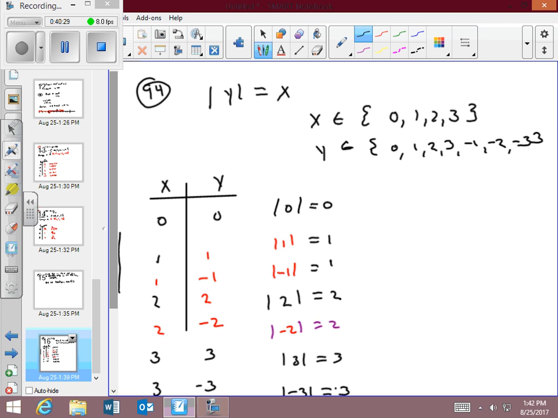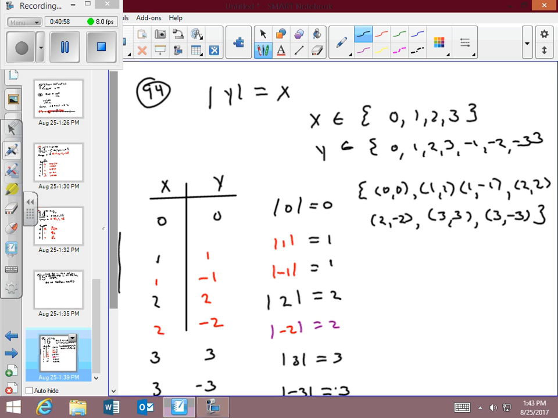Or the ordered pairs are this: 0, 0, 1, 1, 1, minus 1, 2, 2, 2, minus 2, 3, 3, and 3, minus 3. Now from our discussion, you can see that this particular set right here, you have repeated x's that have different y's associated with it, not a function.